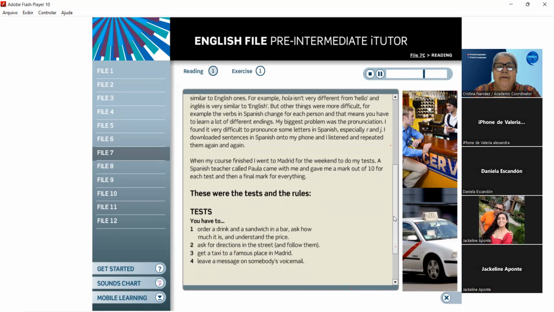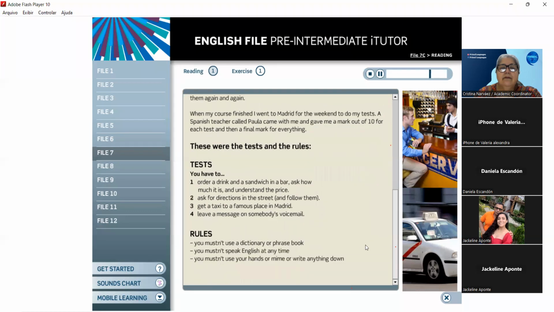When my course finished, I went to Madrid for the weekend to do my tests. A Spanish teacher called Paula came with me and gave me a mark out of 10 for each test, and then a final mark for everything. These were the tests and the rules. Tests. You have to: 1. Order a drink and a sandwich in a bar, ask how much it is, and understand the price. 2.